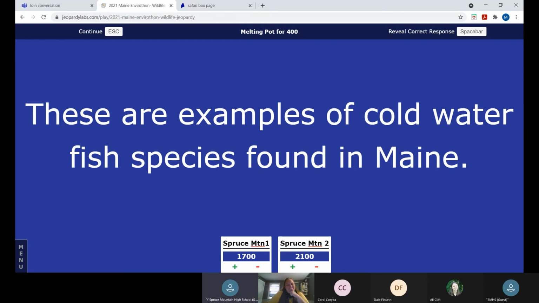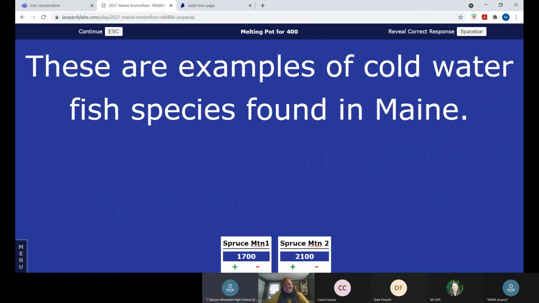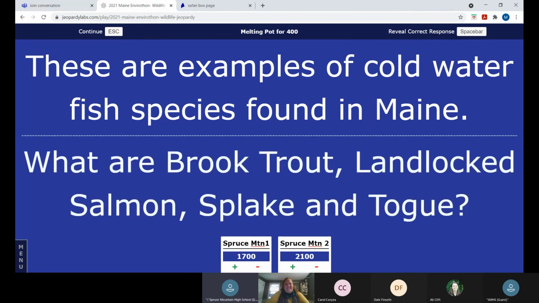I can think of the general type, something of fish, but I can't think of the specific name. They're salmonids. They're in the same family. Brook trout. Okay, thank you. We're going to go with salmon and brook trout.